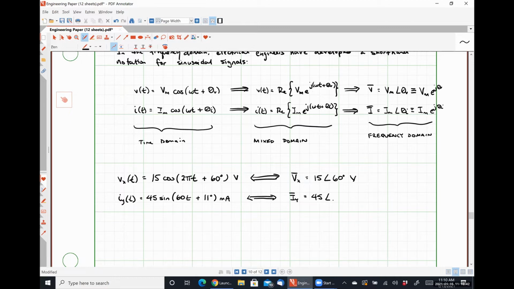So that would be negative 79 degrees milliamps. So we're always using the cosine as our basis.